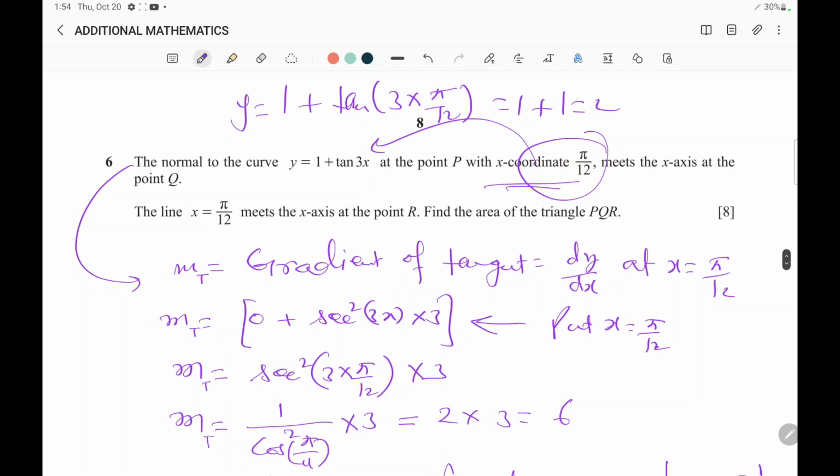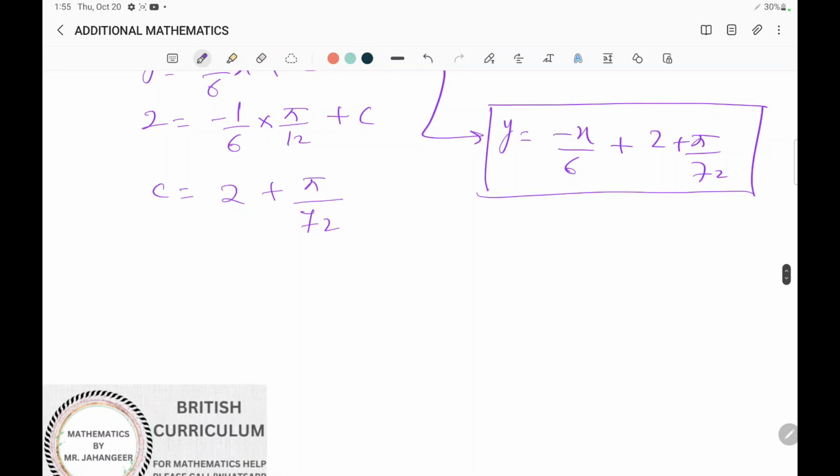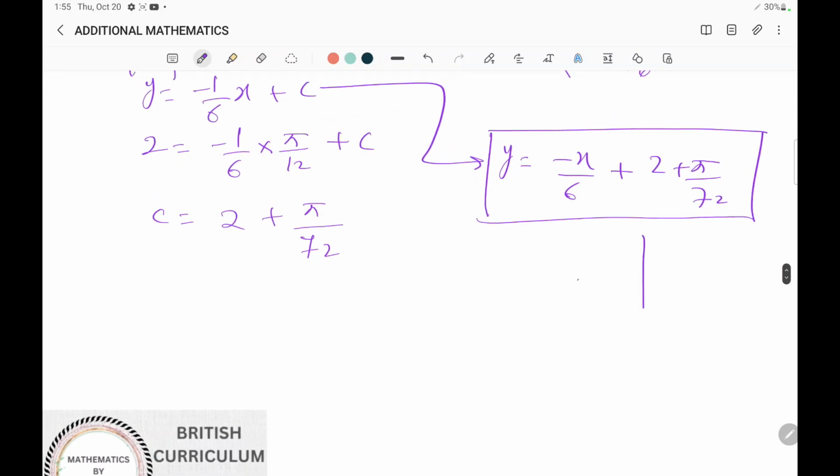Now what's the question? The normal meets the x-axis at the point Q. Okay guys, so this is my normal. When this normal meets the x-axis at the point Q, what will be the point Q? At point Q, of course y will be 0, right? Because on the x-axis y is always 0. So put y as 0 in this.